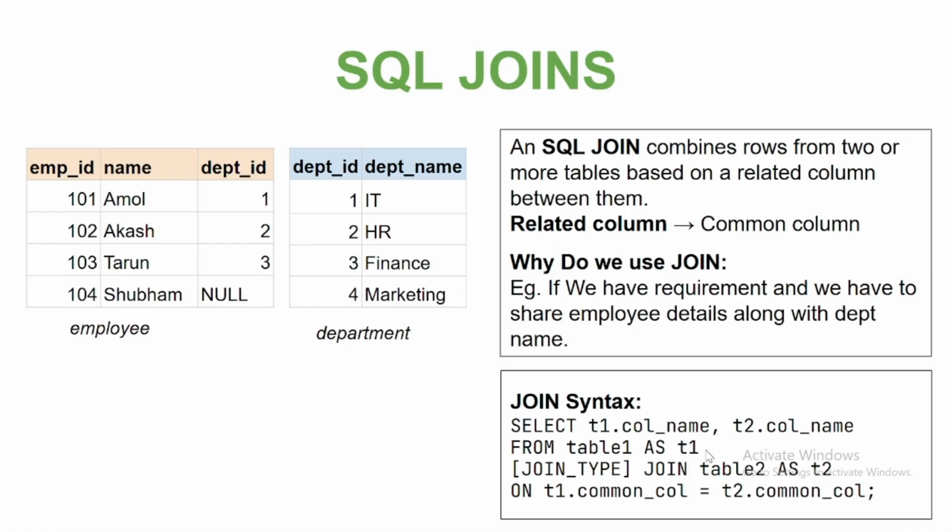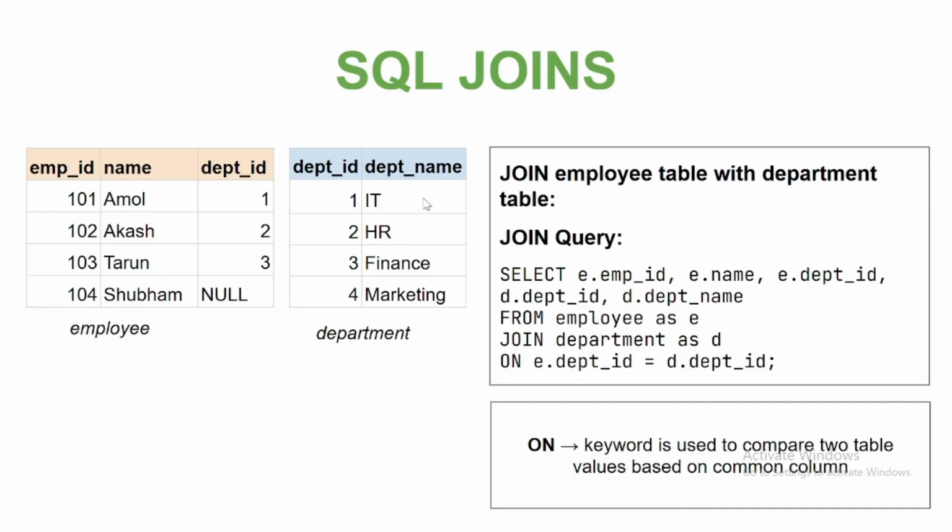And then the join type, which join you are using, that join type we have to give, and then join, then table 2, with which table you are joining that first table, as t2. And then the on condition, on the basis of which common or related column we are doing this: table 1 dot common column from table 1 equal to table 2 dot common column from table 2. Okay, we'll try to understand with the help of an example.